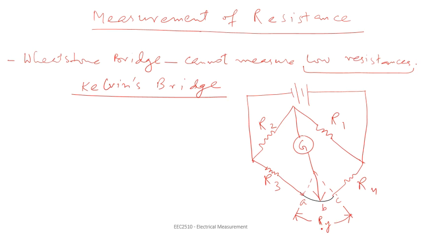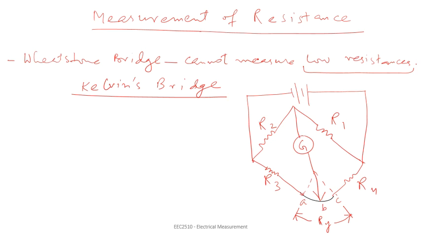The problem which was discussed yesterday in the measurement of low resistance using the Wheatstone bridge was that the bridge contact and the lead resistance introduce error in the measurement of low resistance.